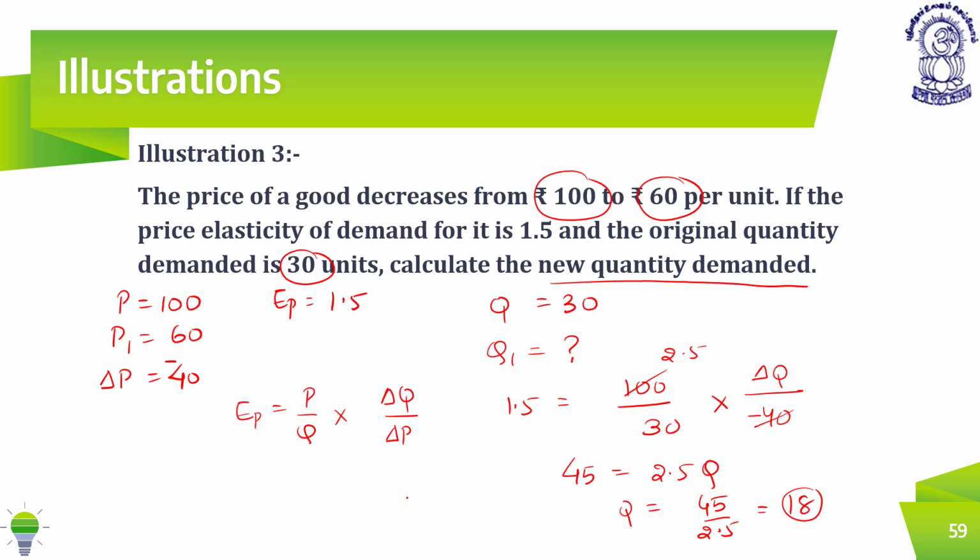So change in quantity is 18. In that case, Q is 30, change in Q is 18. So Q1 would be 30 plus 18 equals 48. I believe all of you must have understood this. The new quantity demanded would be 48 units.